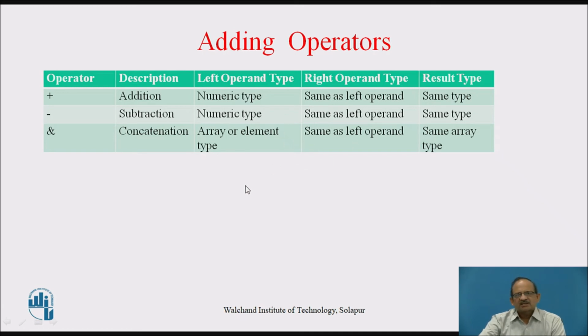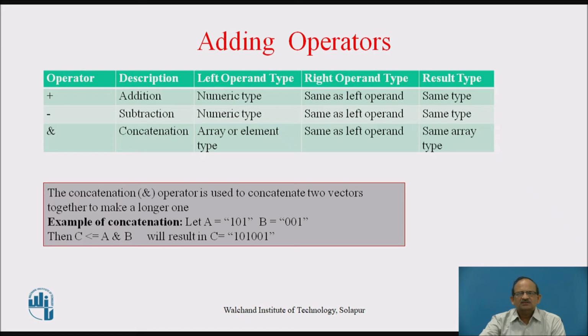Now just for example, let us see how this concatenation works. This concatenation operator is used to concatenate two vectors together to make a longer one. Now for example, say you have A 1 0 1, B 0 0 1.